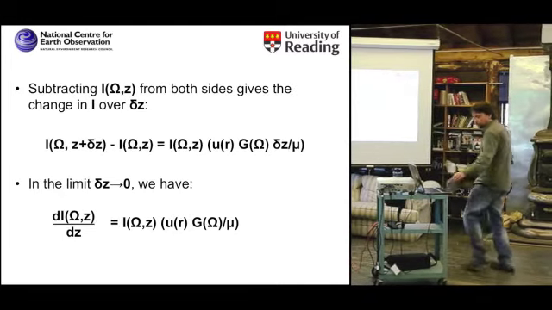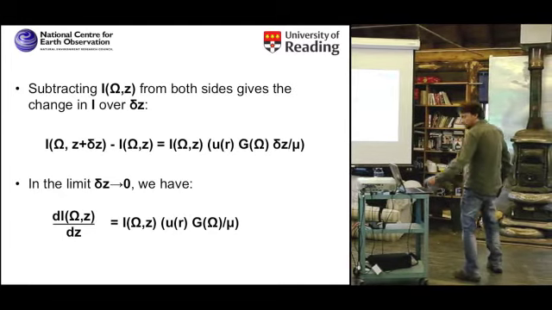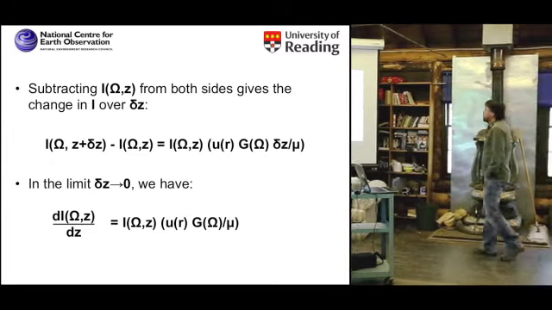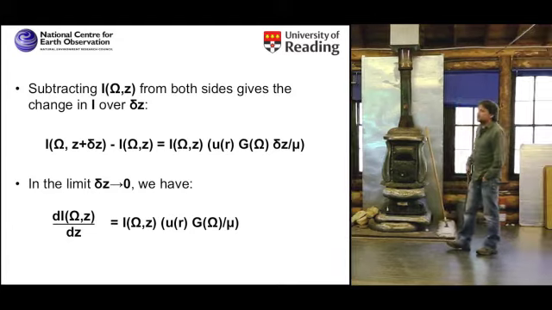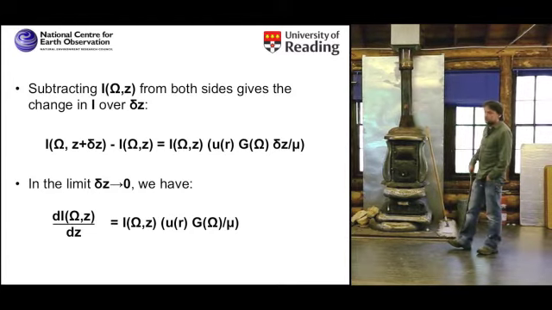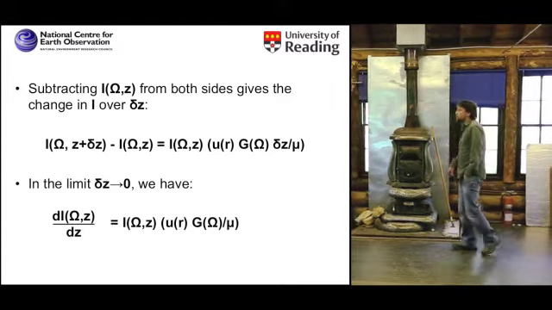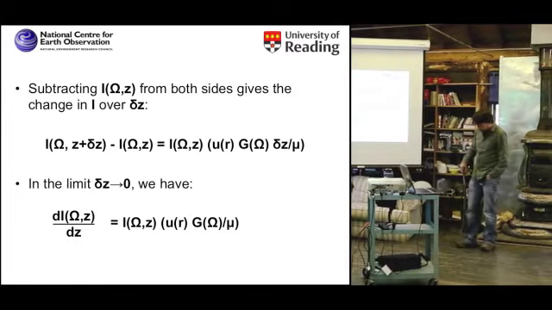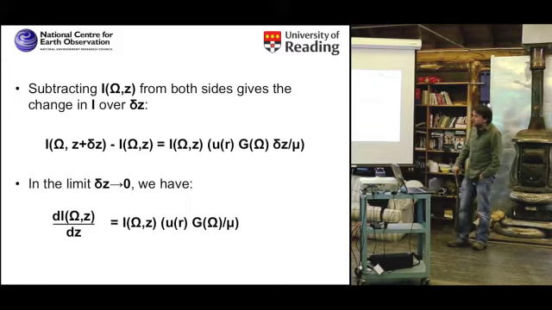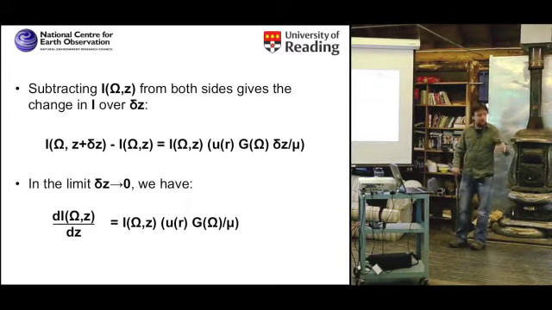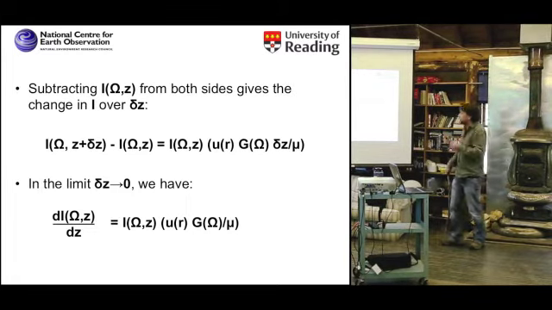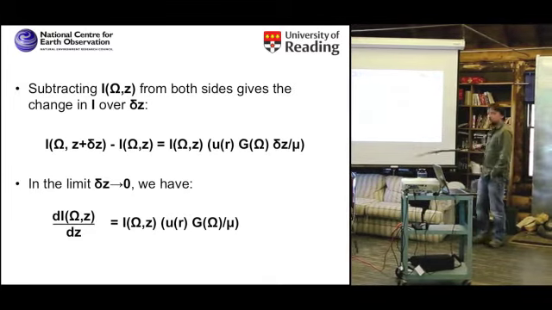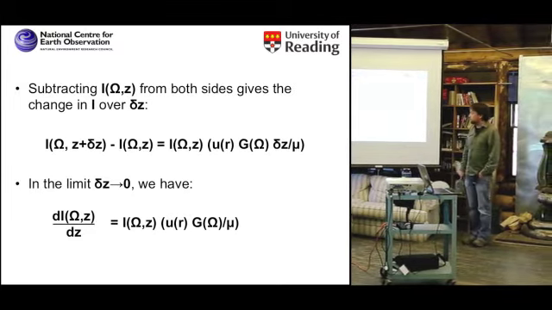But, whoops, wrong way. Now, we can consider that in the limit. Okay, so calculus, which everybody loves, and setting the limit of delta Z to 0, so as the change in the height through the canopy tends towards 0, we can formulate a differential equation for that change.